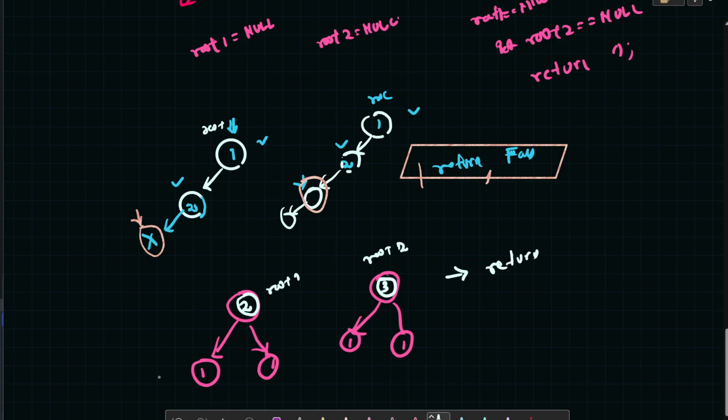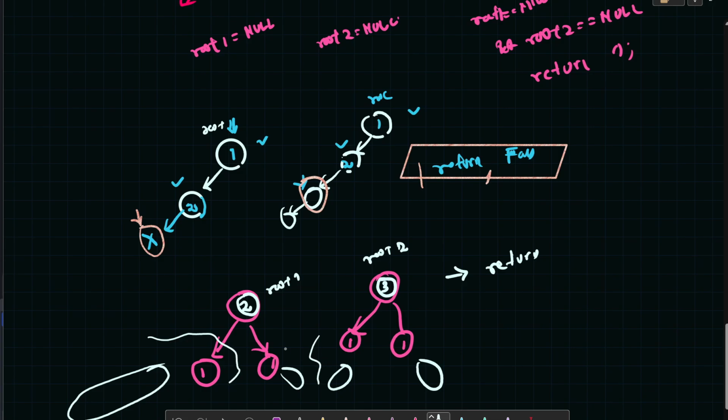We don't know, maybe there are 100 nodes here, 100 nodes here, and 100 nodes there, and this whole subtree is equal, but the root node is not equal. Then we never go to the further move, we simply return false. So I hope you understand all the cases.